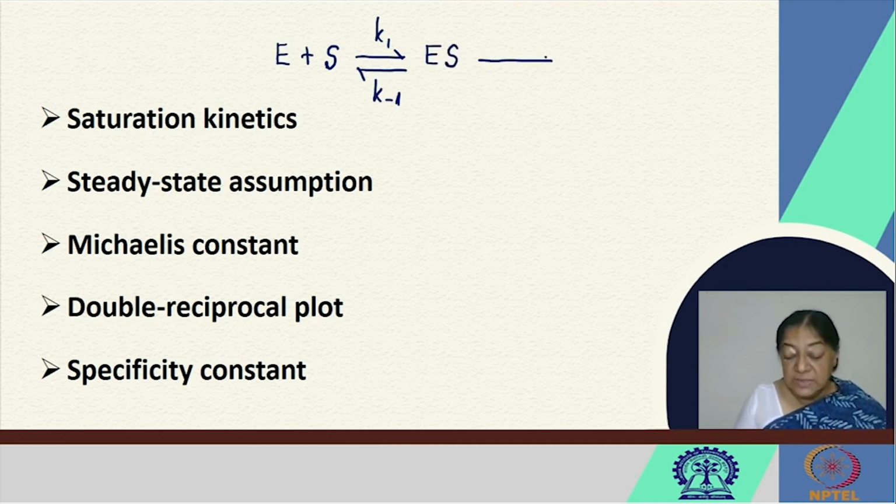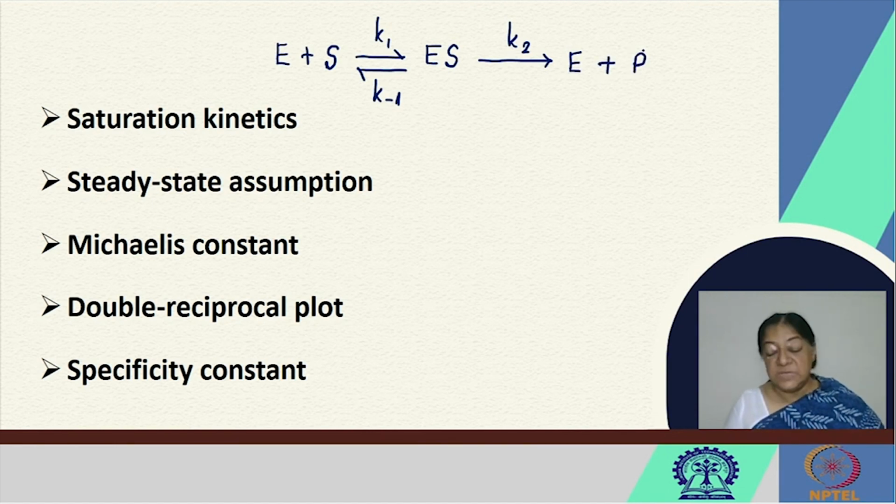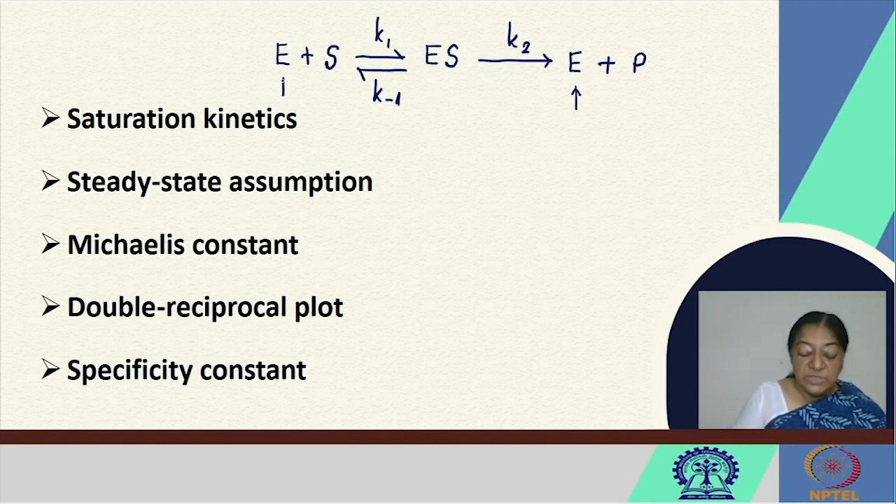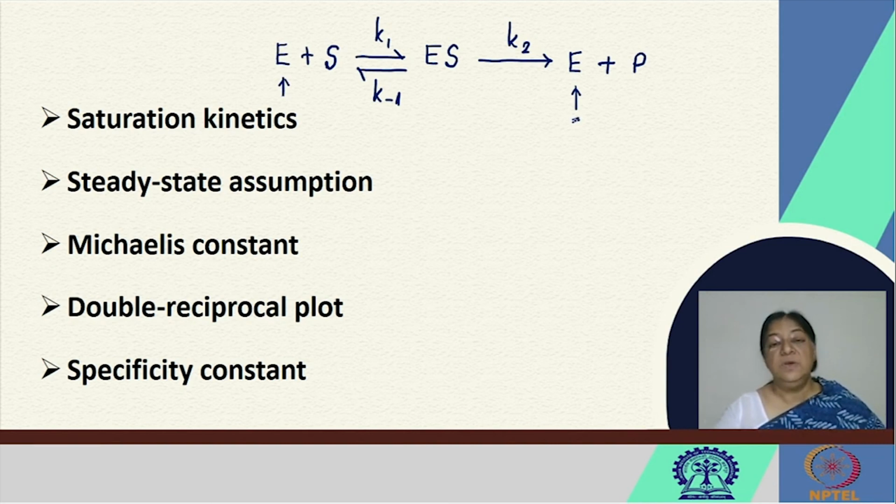And this, in a simplistic way, using the rate constant K2, is going to give our enzyme plus the product. In the enzyme mechanisms that we looked at, we found that our enzyme that we started off with is now available for further substrate binding to have a further reaction occur to form the product.